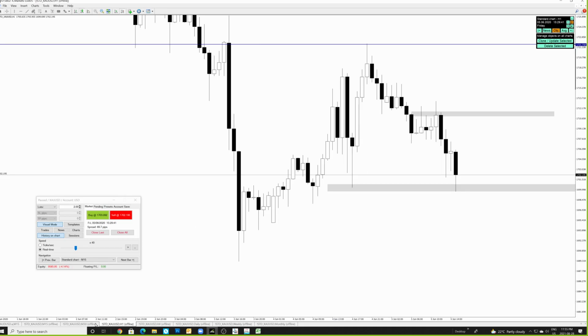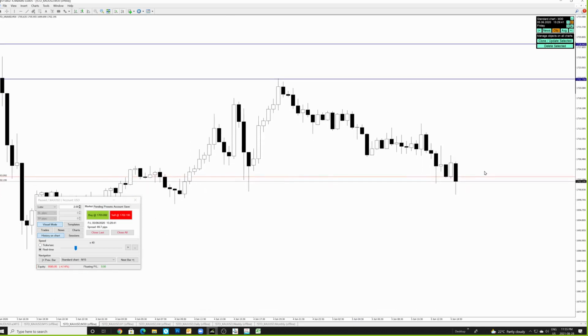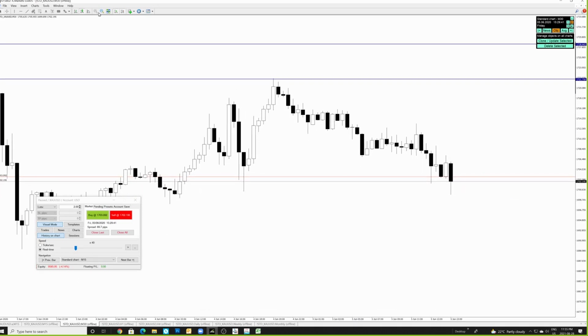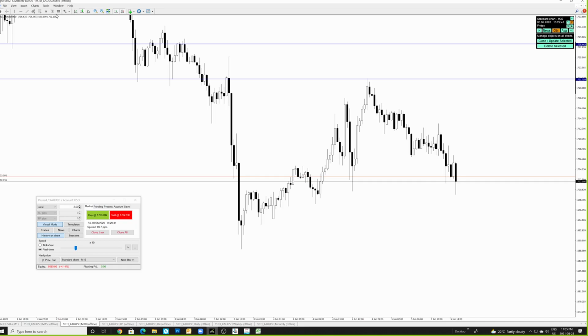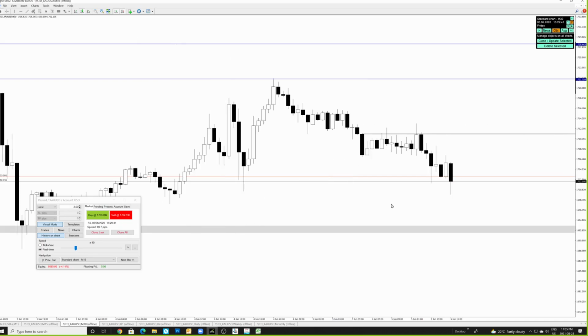Now, let's take a look on the 30-minute time frame. Looking at the 30-minute, there's a probability if we do continue down, probably this is where we can continue down to 1692. And if we do continue bullish, this is the area we can continue up to, right? So we're about 20 seconds left for NFP.